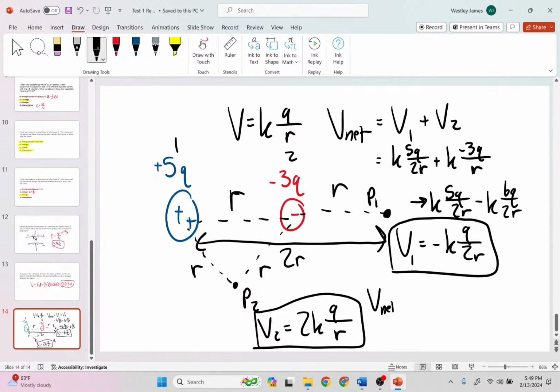V net equals V1 plus V2 equals K 5q over r plus K negative 3q over r. Five q plus negative 3q, they have the same denominator, so I don't have to do anything fancy. Equals positive 2kq over r.